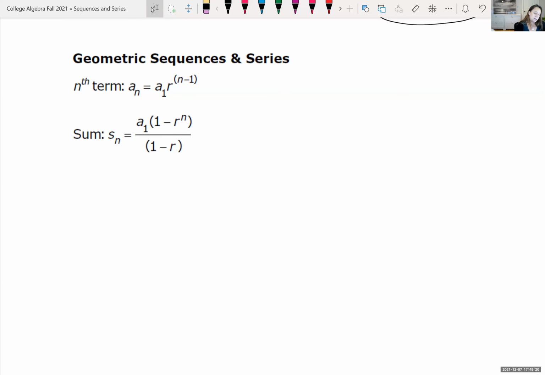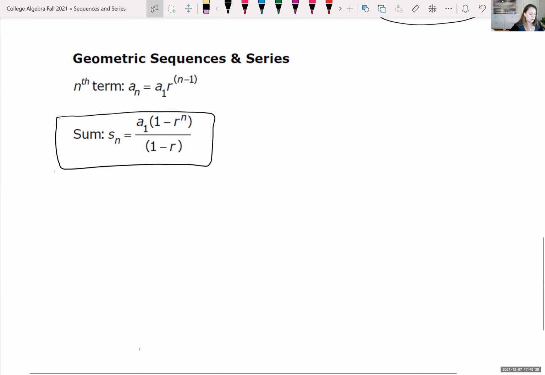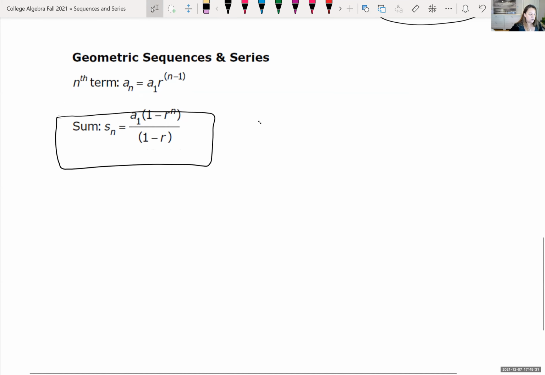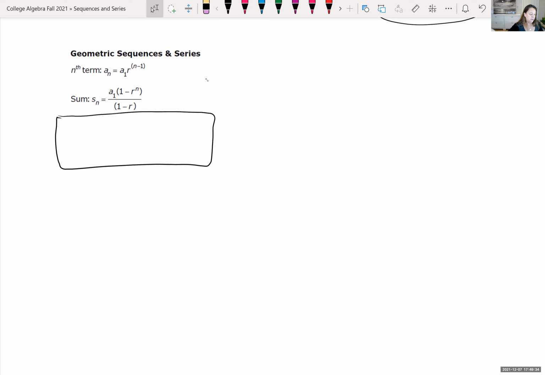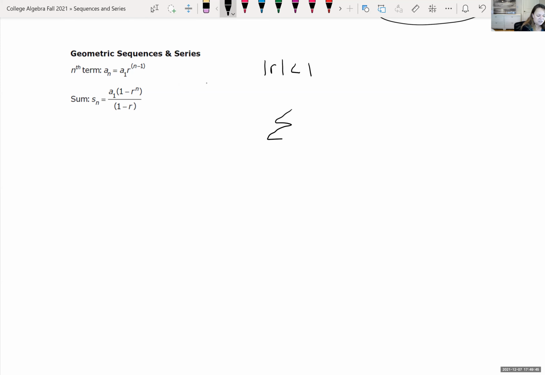Okay, so if we're looking at a summation of a geometric sequence, we're going to use this formula. There's one other formula in here that is helpful. If our common ratio r, if the absolute value of that is less than 1, then the summation from k equals 1 to infinity of a sub 1 times r raised to the k minus 1 power is convergent.